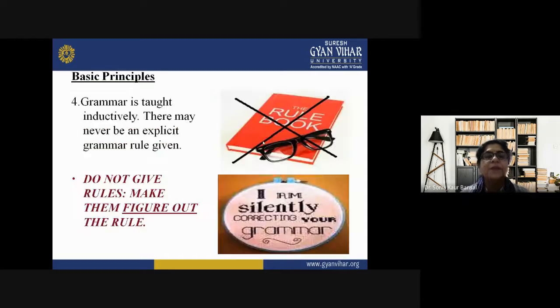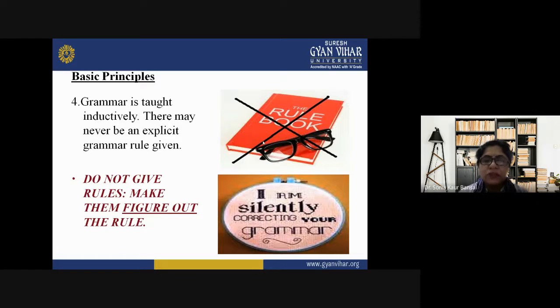Third principle. Now fourth is that grammar is taught inductively. Yes, inductively, in that manner that we give the example first, and we are not giving the rule first. When we go deductive, it is the rule first and then examples later on.